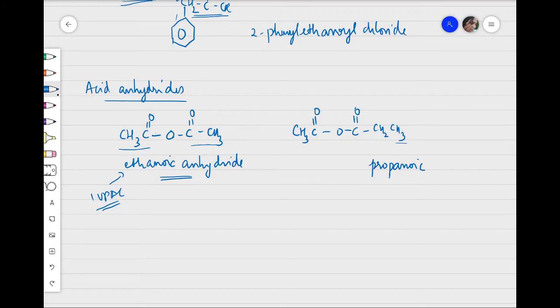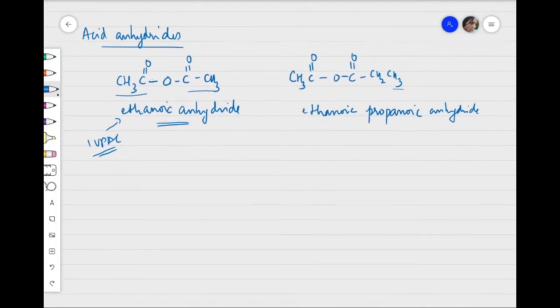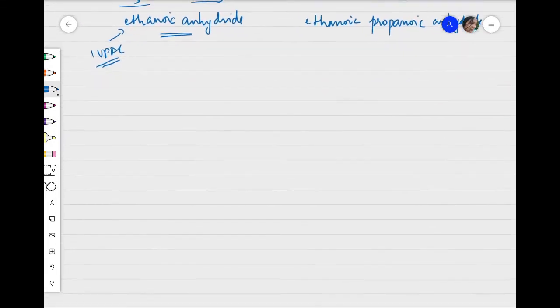Here it is propanoic acid, so we say propanoic anhydride, but to distinguish that it is a mixed one, we say ethanoic propanoic anhydride. This is how you would name it. Similarly, if it was benzene, you would say benzenoic propanoic anhydride. So that's all about anhydrides.